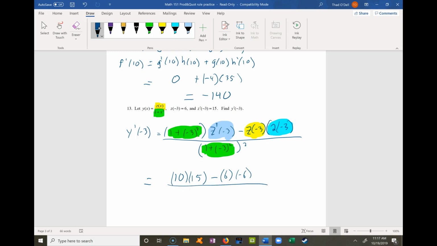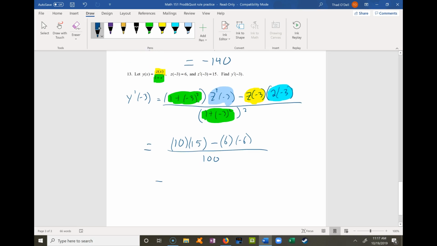And the bottom looks like I'm going to have 100, because that'd be 10 squared. So that'd be 150 plus 36 all over 100, aka 186 over 100. Well, we can reduce that, can't we? So that'd be 93 over 50.